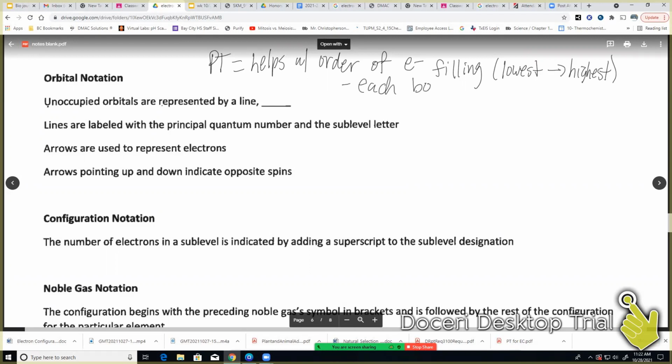And then on the periodic table, each box represents an electron. So it's just kind of a tool. And that's yours to do as you start working some more problems.